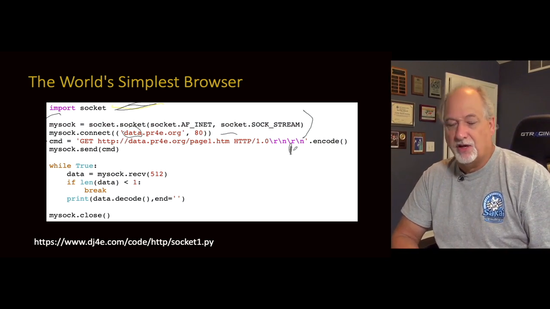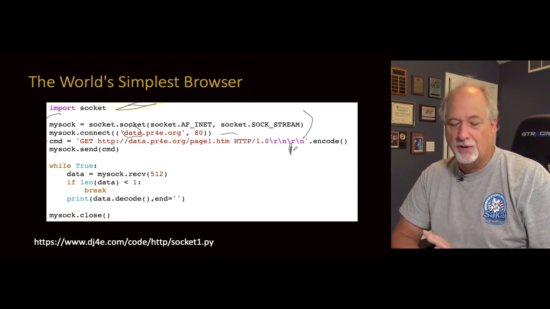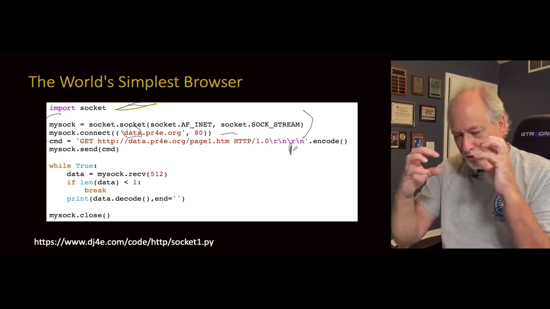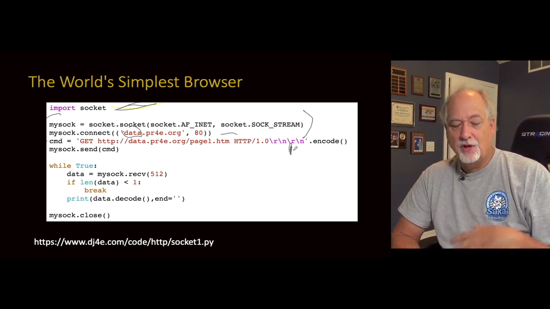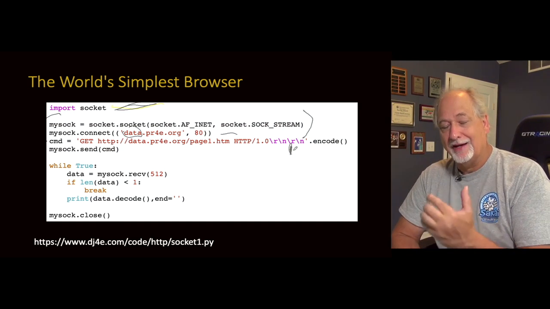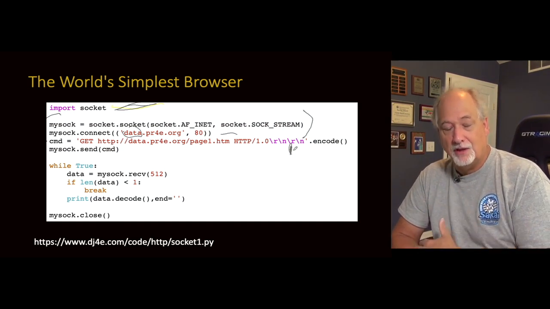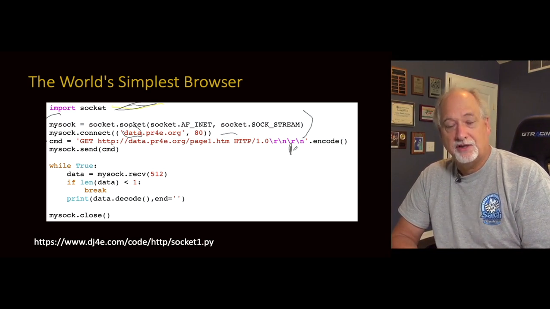We don't send strings across the internet in Unicode in general. I mean, it's very rare, but you'd have to control both ends. We want to send them in UTF-8, and so the string GET blah blah blah, that's a Unicode string in Python, and .encode says convert this into a UTF-8 string, and so the command, cmd, is a variable that has a UTF-8 string in it.